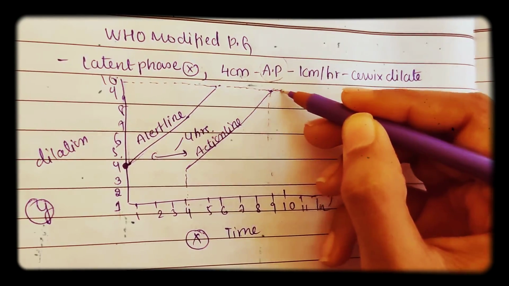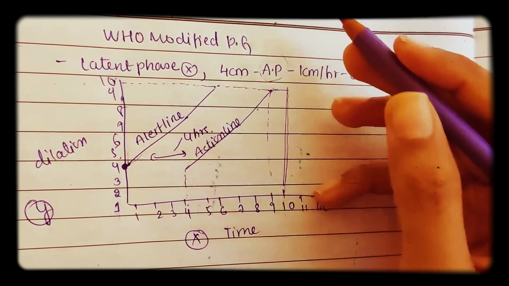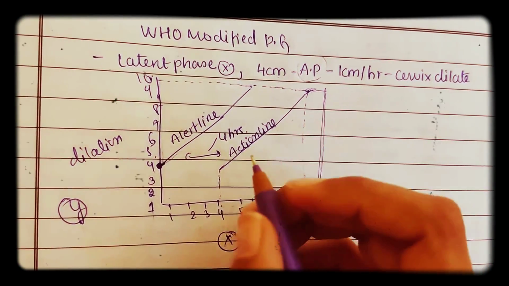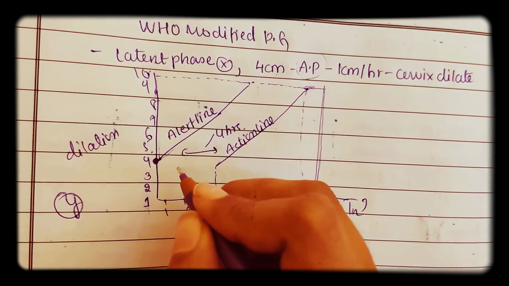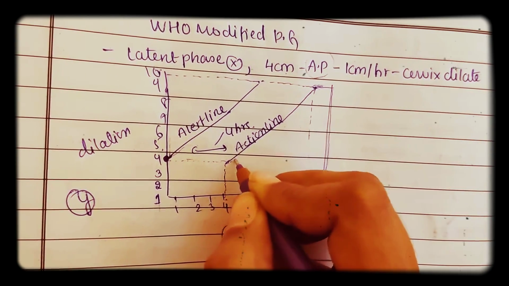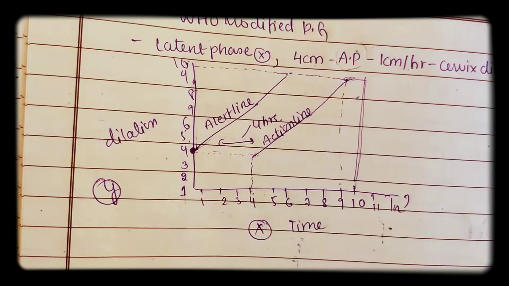Sorry, till here is the 10 hours. So it will end here. So this is the alert line and action line. The alert line starts from 4 centimeters, and the action line will also begin from 4 centimeters cervix dilation. So this is how the partograph looks.